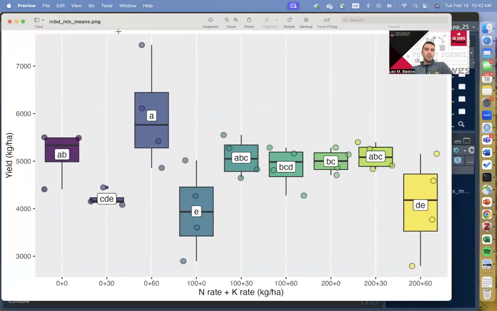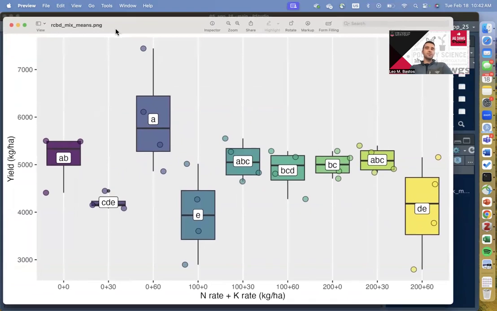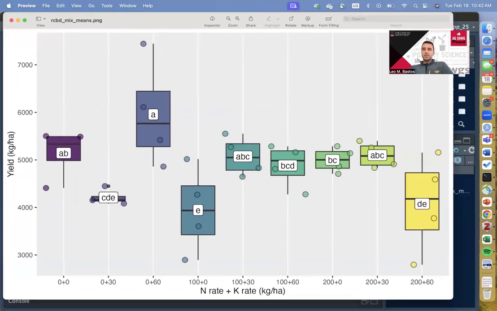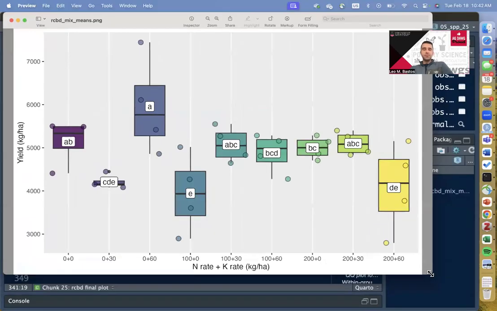So we already compared the RCBD fixed and random block, right? That's what you did on the previous quiz, I believe. And we saw that there was no difference.